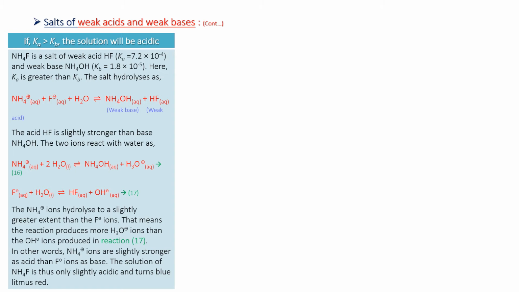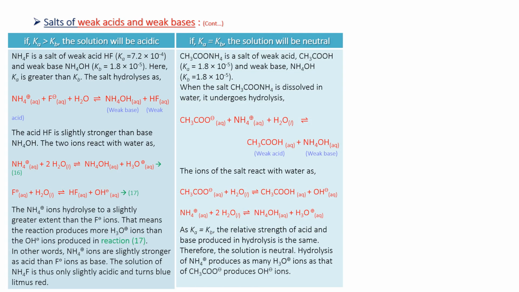So that's why in your solution H3O plus ion has a higher concentration as compared to your OH minus ion. And your NH4 plus is a slightly stronger acid as compared to F minus as a base. So that's why your solution becomes acidic in nature, slightly acidic, and turns your blue litmus into red.